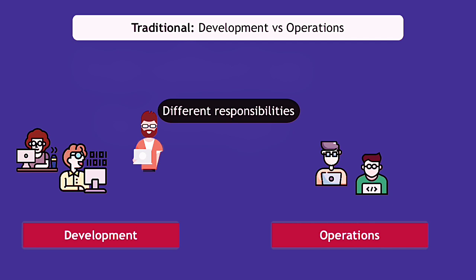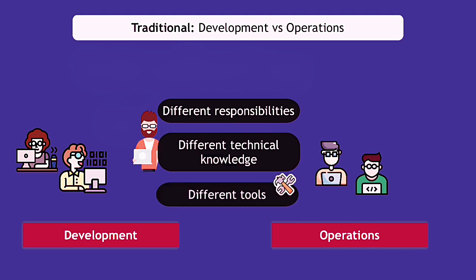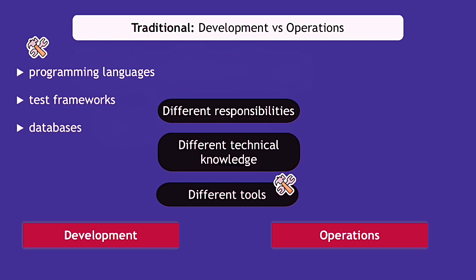But you probably also notice that they need completely different technical knowledge and knowledge of completely different tools to do their jobs. The software development side is knowing programming languages, testing frameworks, databases, and so on.